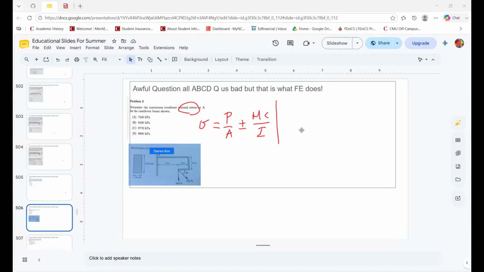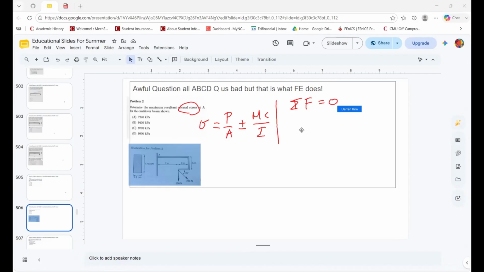Now you might be asking, clearly, but most of the time we wouldn't think that. How do you differentiate this kind of question from another? Well, a lot of times they don't show the result, the word maximum often appears, and also there's a diagram. So clearly we can now do what we wanted to do, which is get P. We need to do the sum of all forces in x equals 0.